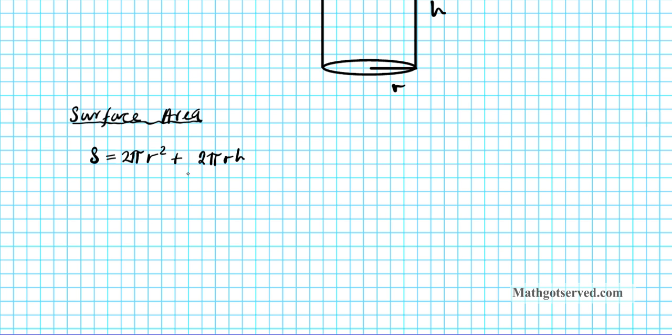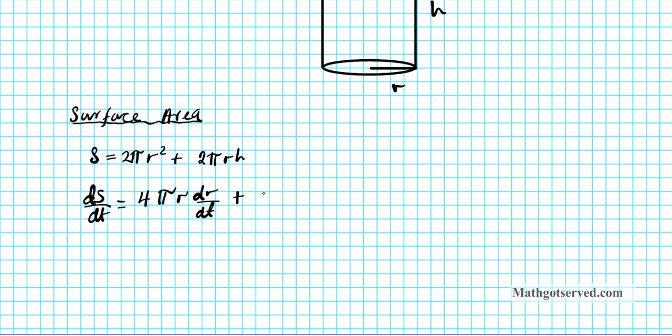So what are the related rates of this formula if we differentiate each term with respect to time? So the derivative of S is 1 times dS/dt equals, this becomes 4 pi r dr/dt, because when you differentiate r squared, you have 2r, and then you multiply the 2 by this 2 right here, and you get 4. Plus, this one differentiated, we're going to have to use the product rule here.